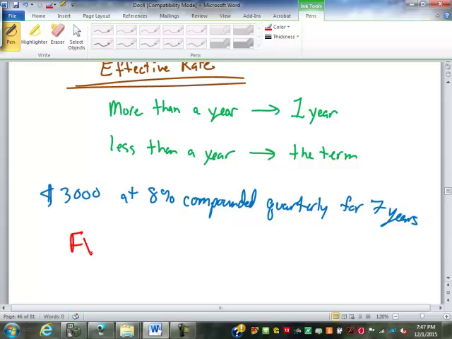So our future value that we are concerned with is that 3,000 times 1 plus 0.08 divided by how many periods in a year? Quarterly, so 4. And to the power of how many periods in a year? Still 4.